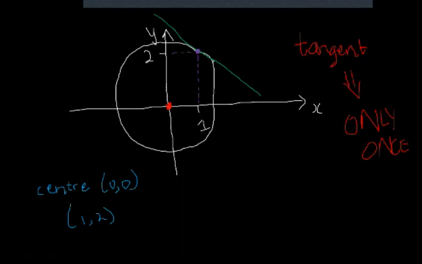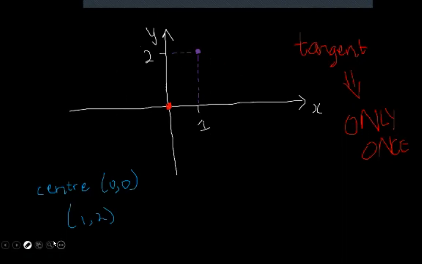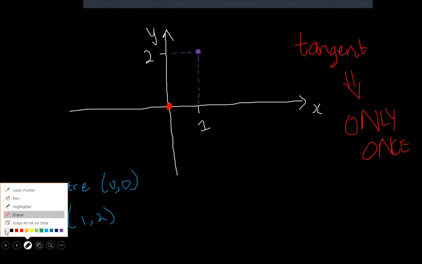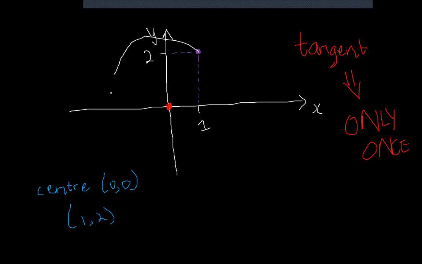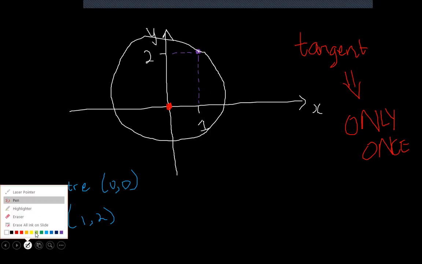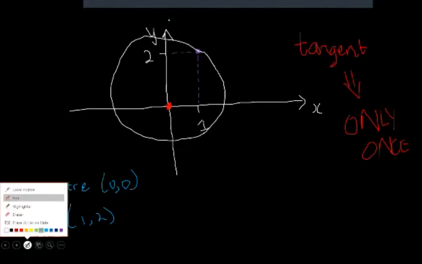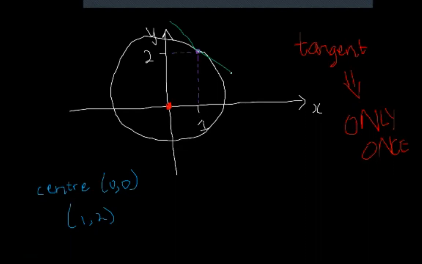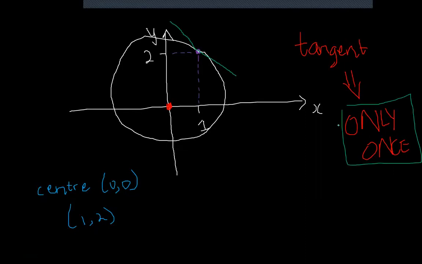Well, that's not accurate because it cuts 2 points on the circle, but I can't really do anything about that. It's only supposed to touch one point on the circle, which is this purple point right here. My diagram is kind of wonky, right? The tangent only touches the circle once. Remember this, only once.